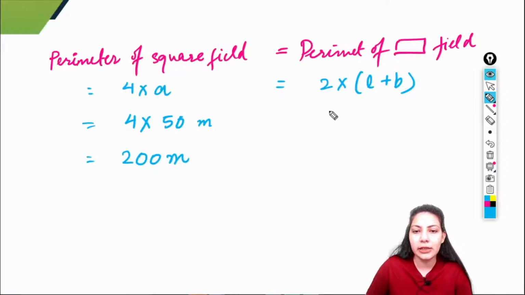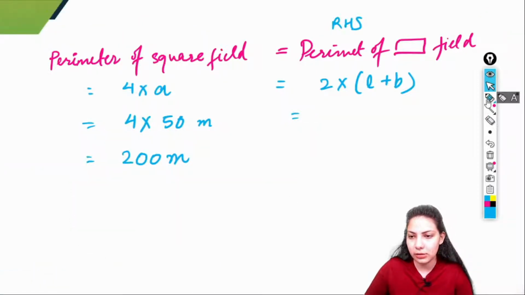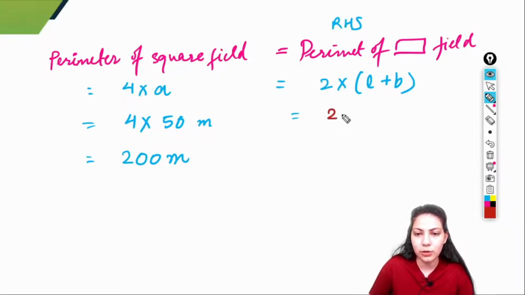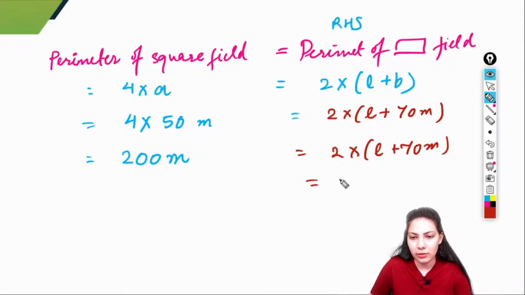Now let us calculate the right side part, that is RHS. We are given the breadth as 70 meter. So let us write 2 into (length plus breadth). We are not given the length, we are given the breadth, that is 70 meter. So that is 2 into length plus 2 into 70, that is 140 meter.